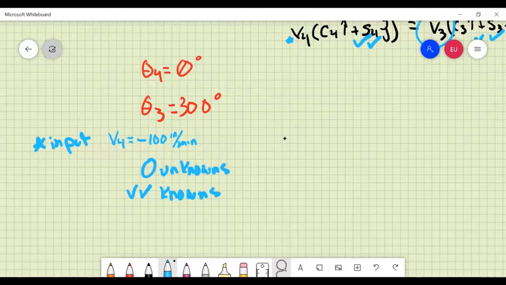Because omega is in radians over second. I need seconds to be in the game. So now change inches per minute to inches per second. I've done that already for you, and it is minus 1.66 inches over second.